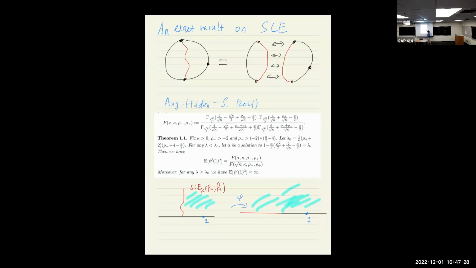All these formulas will also appear in this DOZZ formula. These kinds of formulas are not easy to get if you just use SLE methods, just by the nature of these formulas. And this is what we do. So I will save you some time reading the full details of this theorem.